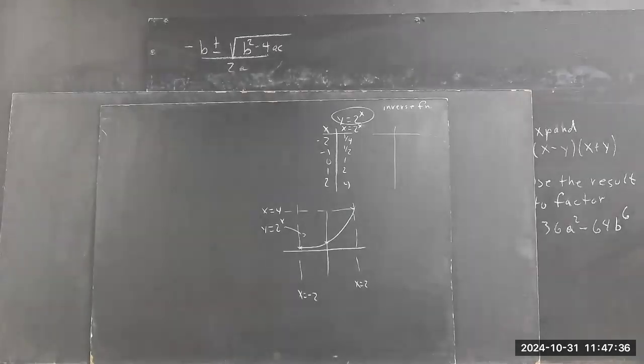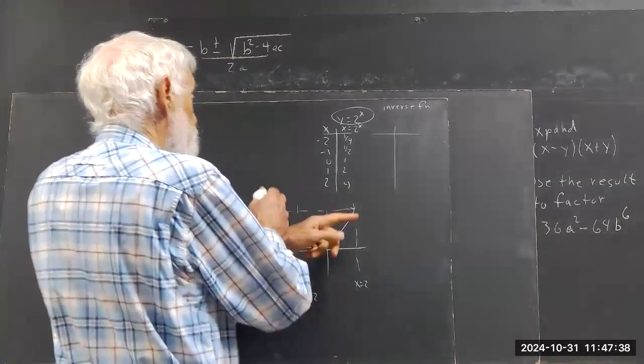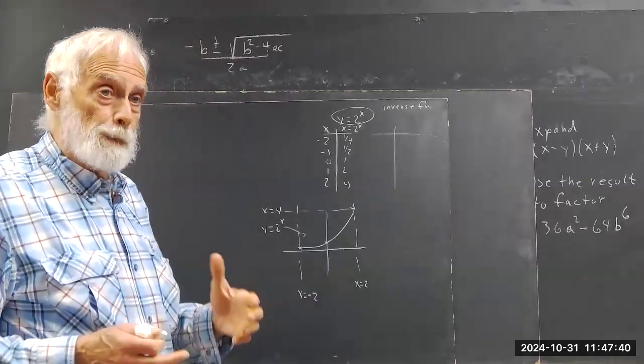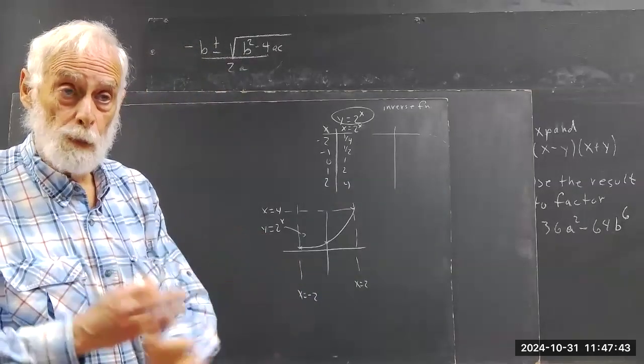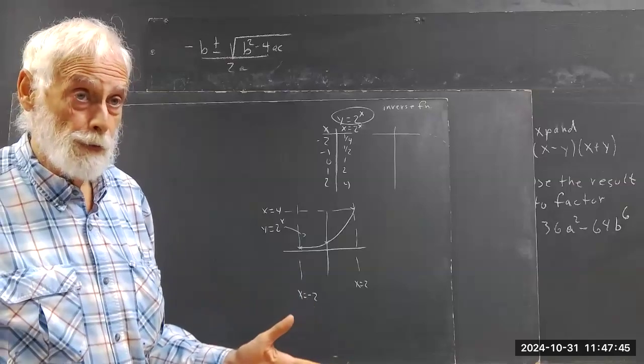The table for the inverse function just reverses the columns, because the inverse function reverses x and y. That's what an inverse function is.